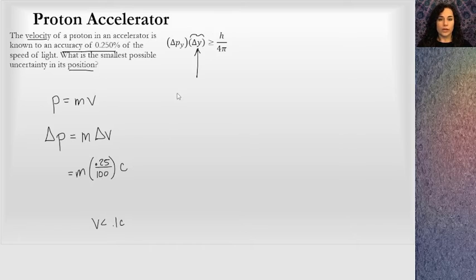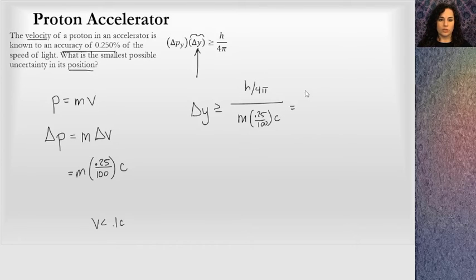So I'm going to plug what I know up here. I'm going to solve for delta y. It has to be greater than or equal to h over 4 pi divided by that variability, that uncertainty in momentum. And so here's the expression for the uncertainty in the momentum: m times 0.25 over 100 times the speed of light, c.